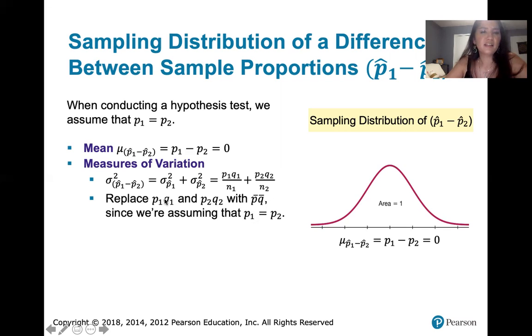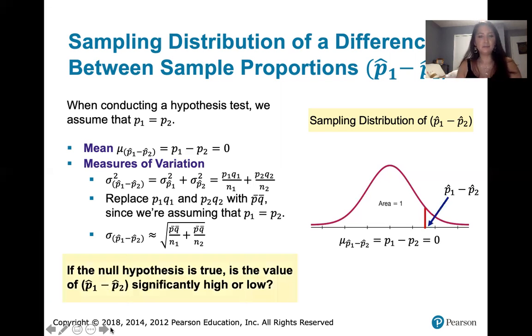So we will replace P1 Q1 and P2 Q2 with P bar Q bar, because the best guess we have is that those are both equal to P bar. So the standard deviation of this distribution of P1 hat minus P2 hat is approximately equal to this. That's just the square root of the right-hand side of the equation up here, but we're replacing P1 and Q1 and P2 and Q2 with P bar and Q bar.